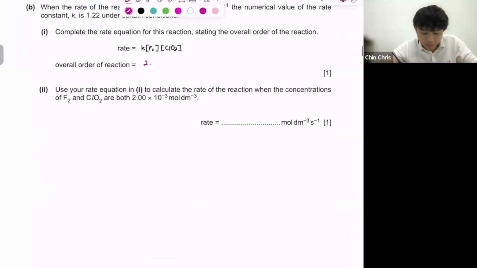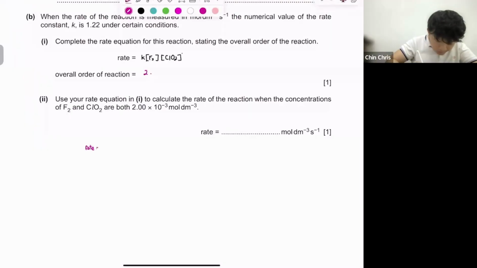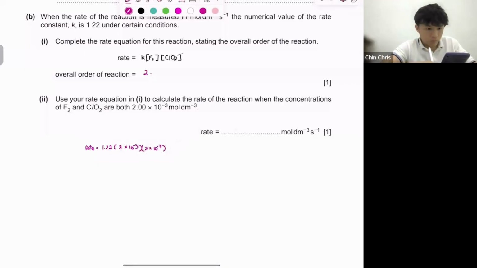Let's identify the rate. Just press the calculator, this one. Not 2, right? 1.22, right? 4.88, comes out about -6.